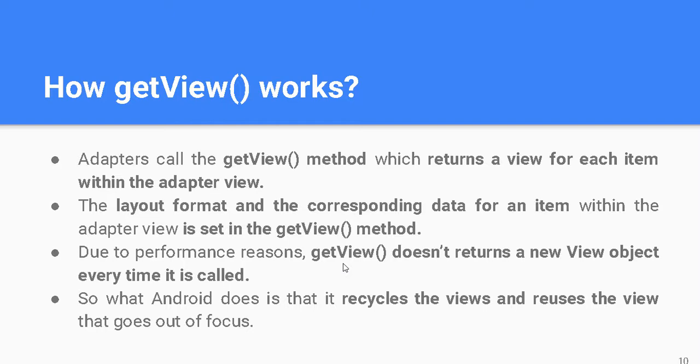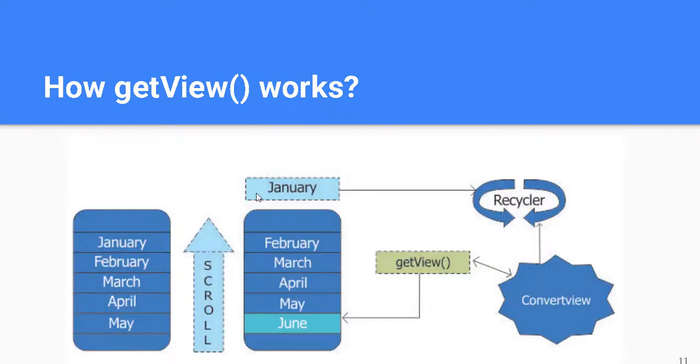Why does it give good performance? Because it doesn't create a new object. Instead of creating a new object, it tries to recycle the view and reuse it when it is out of focus. Let me give you a simple example. You can see there are 5 items, names of months: January, February, March, April and May. A user will scroll up. When you scroll up, the January month will be out of focus.